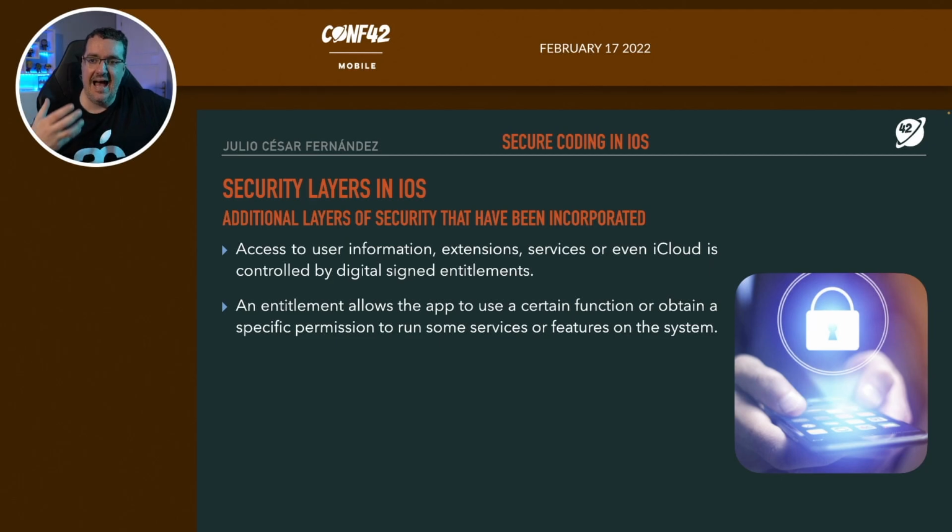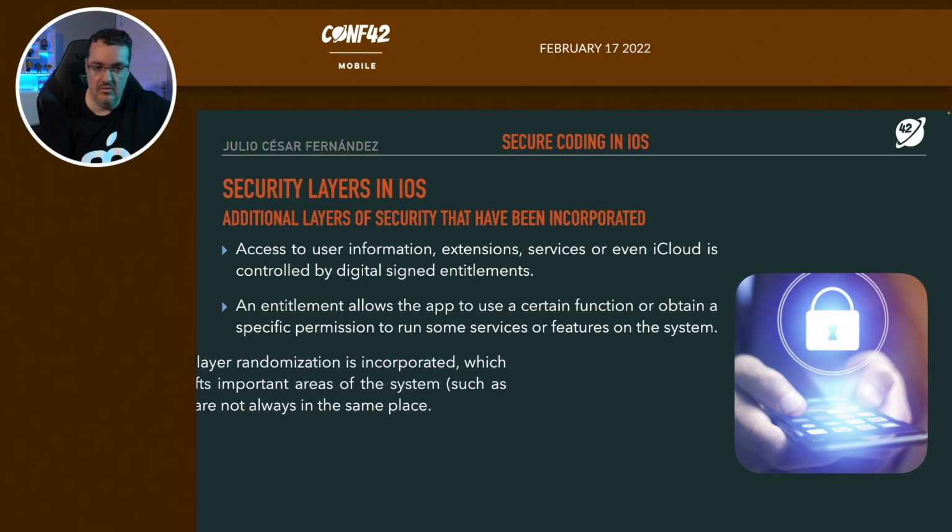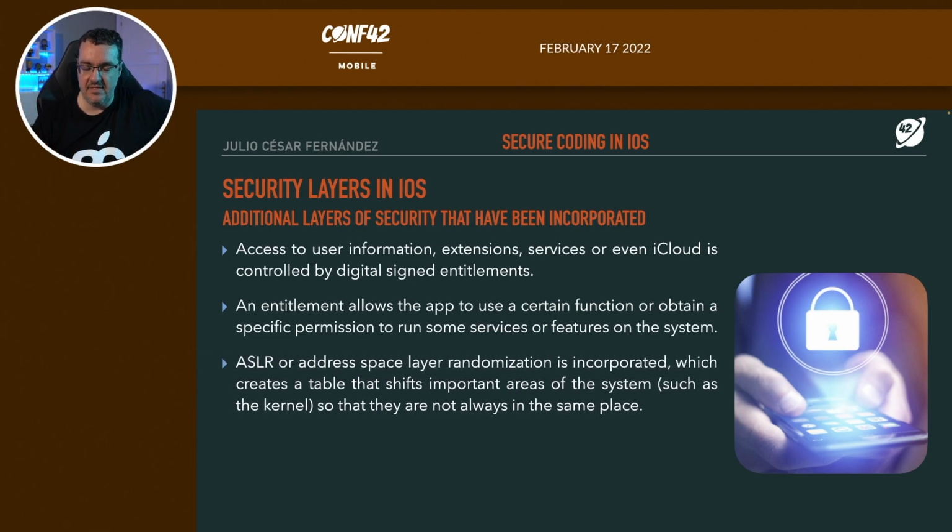In fact, Apple could authorize you for certain entitlements after you ask permission for certain features. Okay? And these entitlements allow you to use certain kinds of APIs that at first are forbidden to you. For example, iCloud or something else.